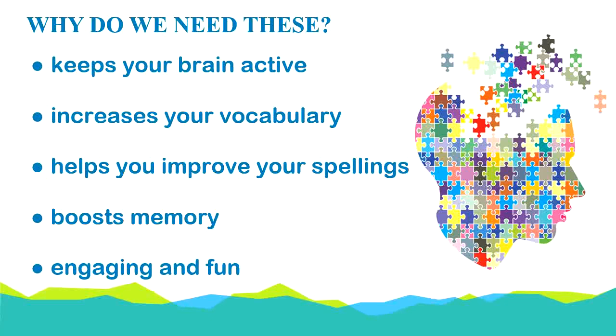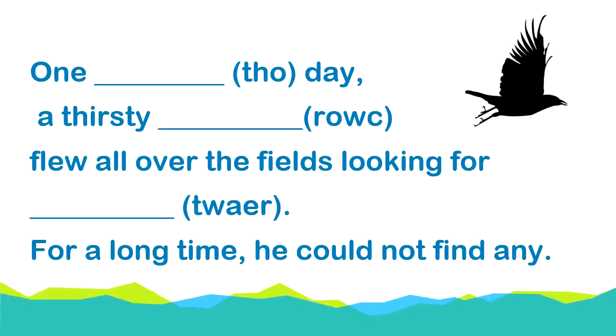Time for an example. Let me see if you can unscramble words by yourself. For this, I have taken a story you already know, so that you can guess the word which will come in the correct place. Here is my story.